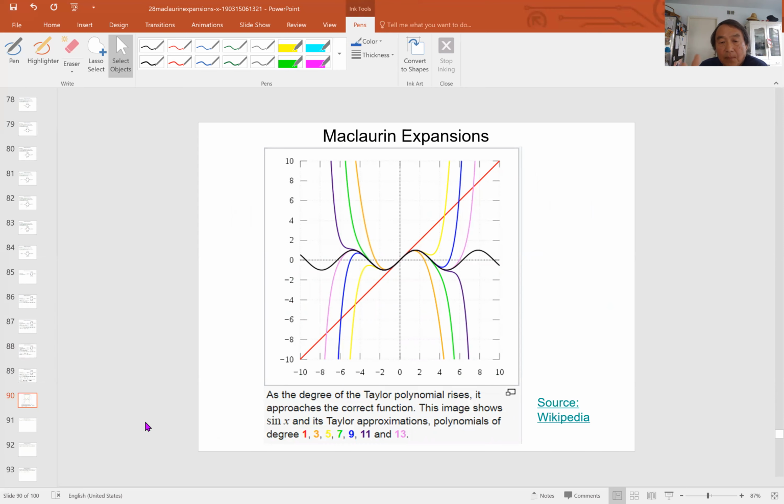And this is a picture of the progressively better and better approximations. Start out with the first degree, it's a red line, and then the second degree, the orange line. No, where's the parabola in here? Oh, no parabola, it's cubic. That's the third degree cubic, and there's a fifth degree, et cetera, et cetera.